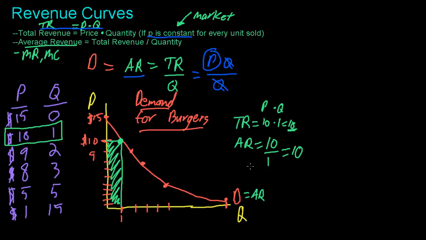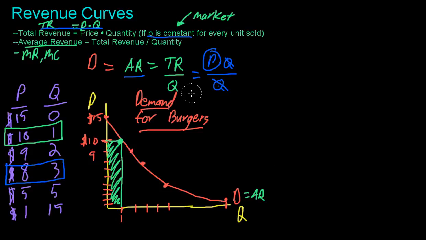So we'll do one more example just to kind of build your intuition a little bit more. Let's look at this box in blue here, where we have the option of selling 3 burgers at a price of $8. So in blue, and I'm just going to go ahead and erase all of the calculations that I just did in green because I'm going to run out of space otherwise. So we'll just erase those, and now we'll go back to blue.